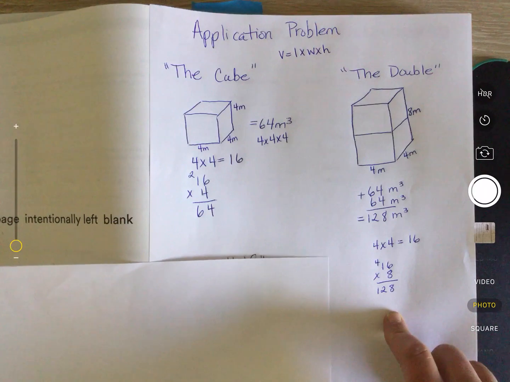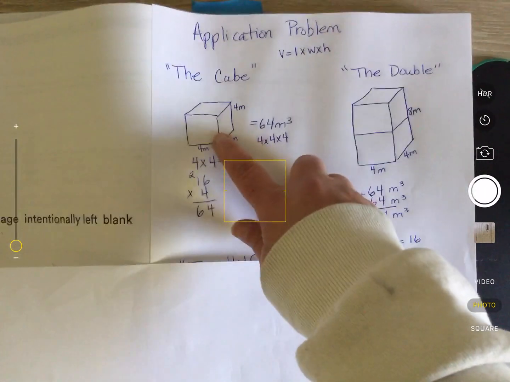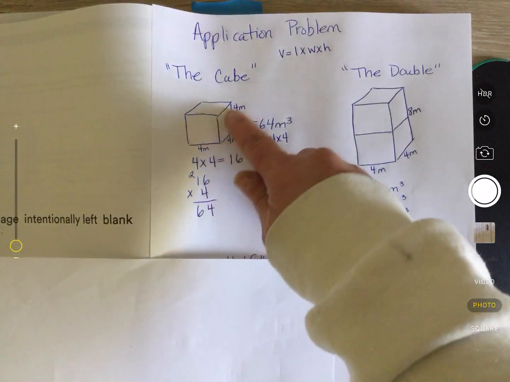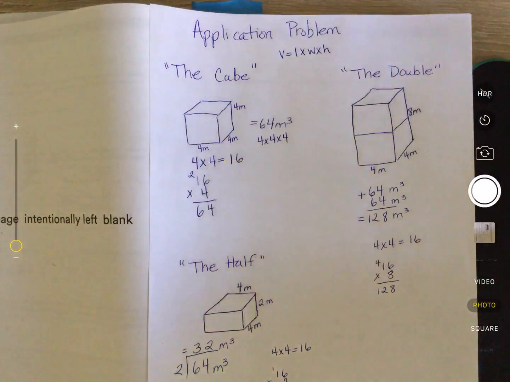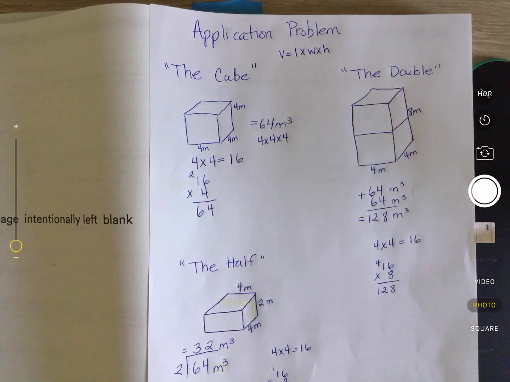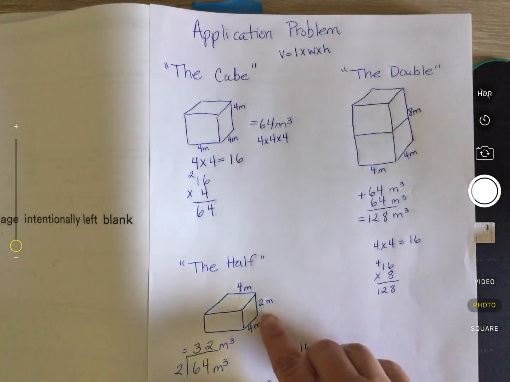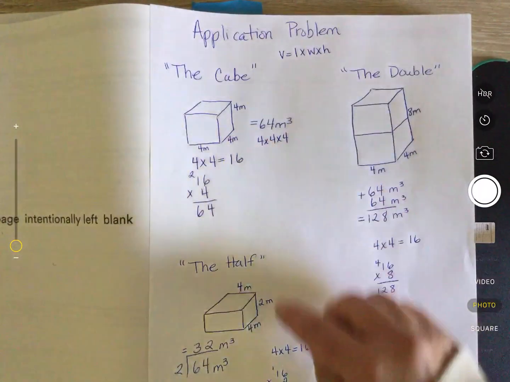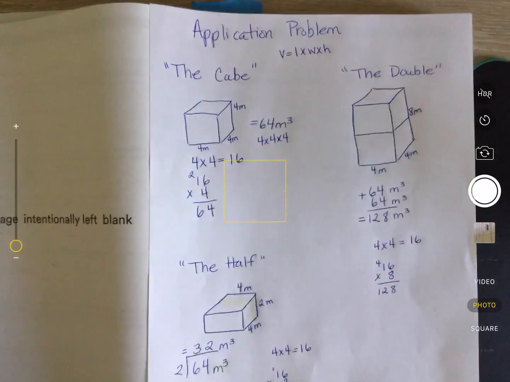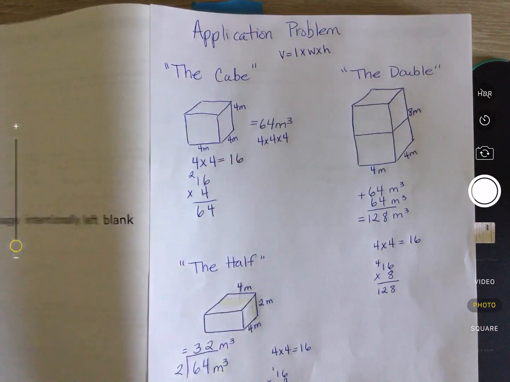So our half is going to be like the cube, but you just slice it in the middle. Okay, so I have the same dimensions for 2 of them, but we had to cut 1 in half, so half of 4 is 2.